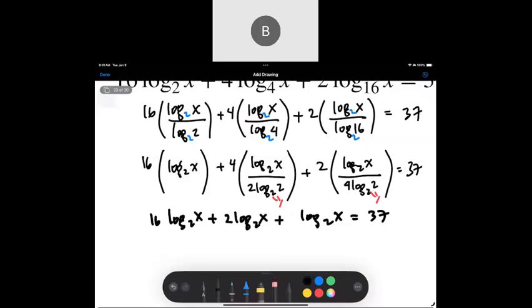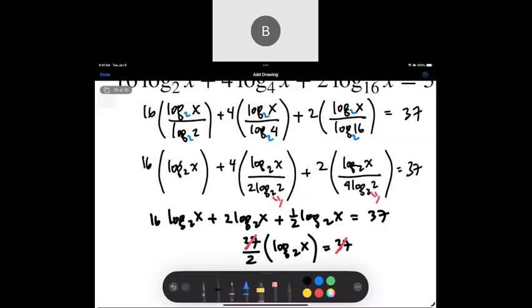Oh, wait, it's not 2. Not 2. That is half. Okay. So 18 plus 1 over 2. So that will be 37 over 2. Right? And this will be log base of 2x and 37.